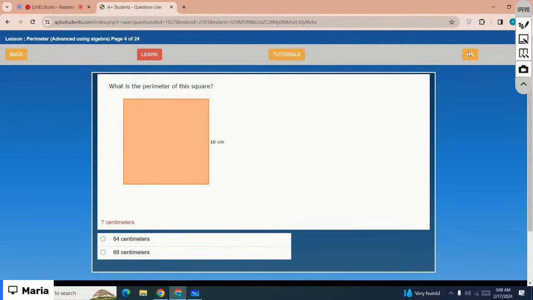Yes, the correct option is, you need to add all the side lengths. A square has all the side lengths exactly equal in measurement. So 16 plus 16 plus 16 plus 16 makes 64. The correct option is 64 centimeters. Option number 1 is the correct option. Got it?